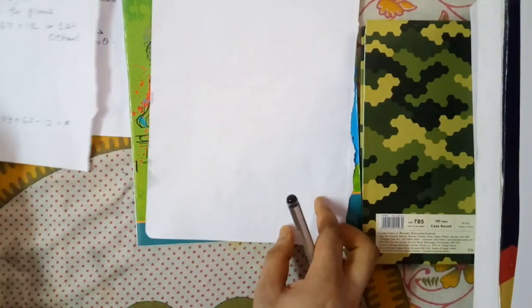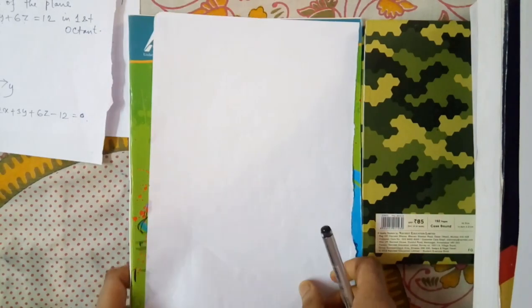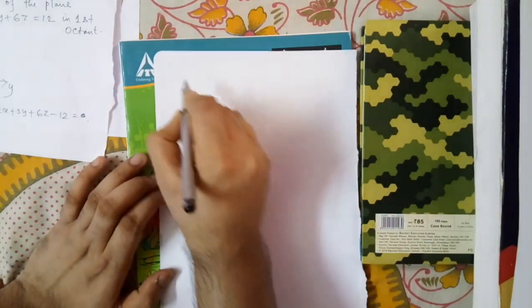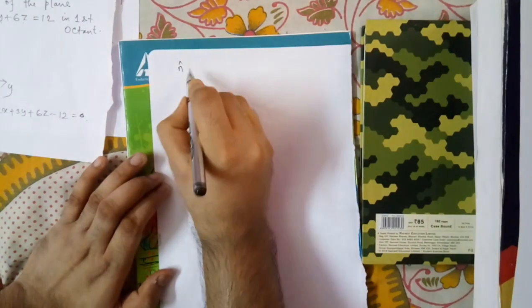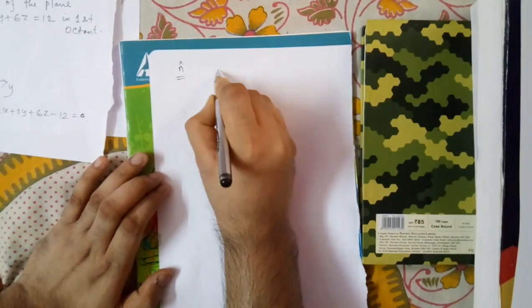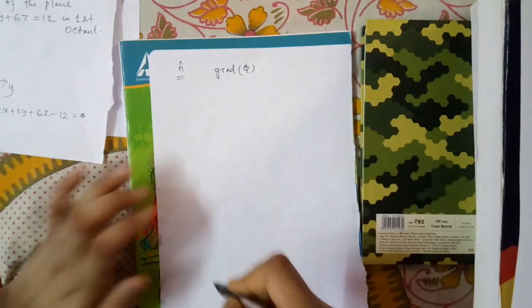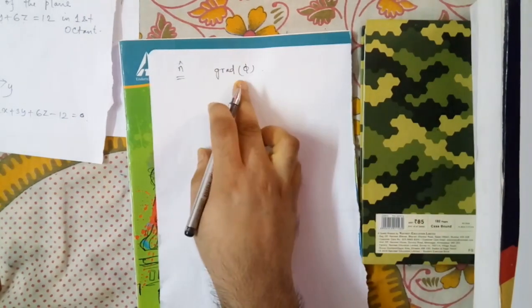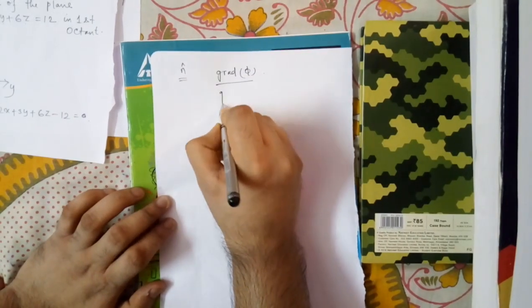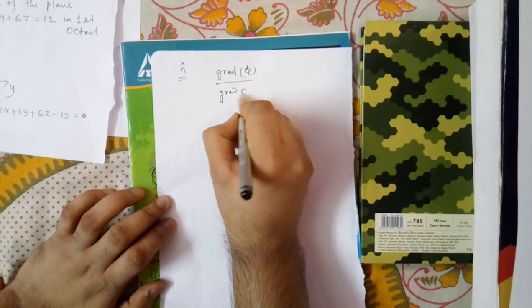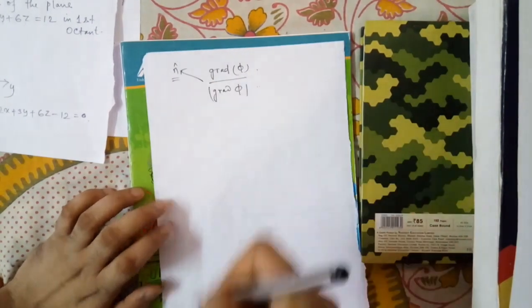So how do we calculate the normal to any plane? How do we calculate n cap? Simply, we take the gradient of phi, which represents a normal vector, then we divide the gradient of phi by its magnitude, and this is n cap.